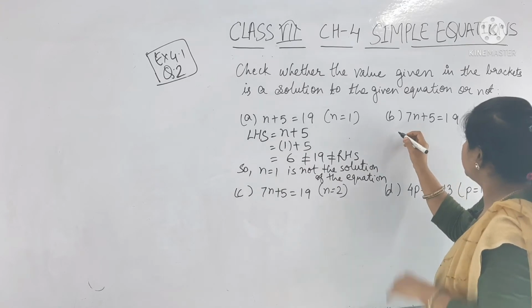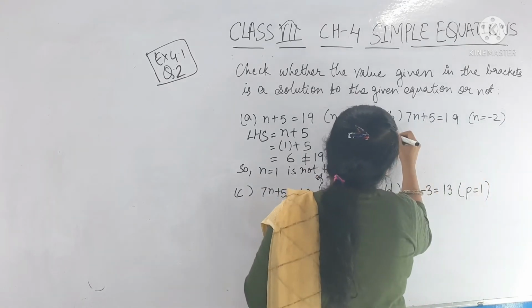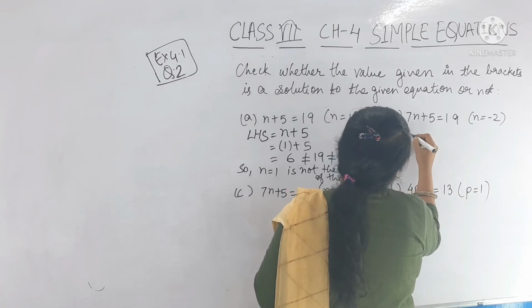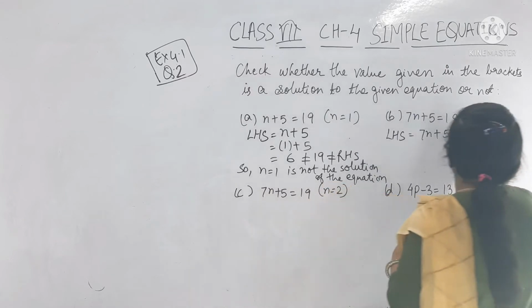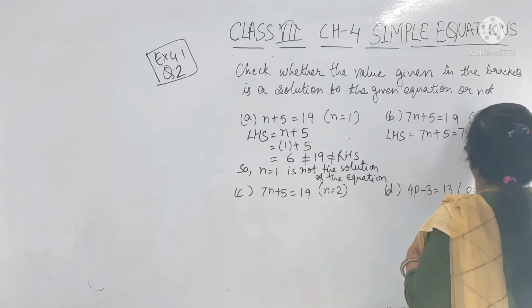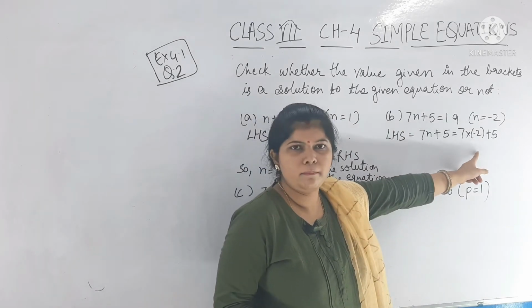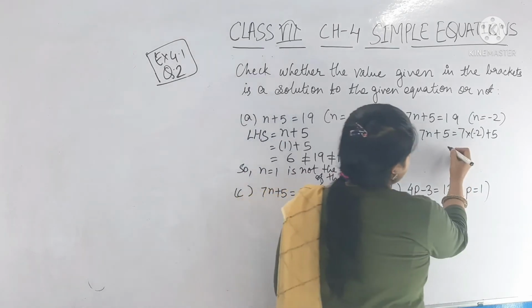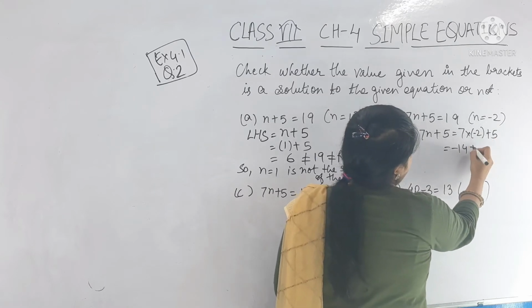Okay. Here part B, we have to check for n equal to minus 2. LHS will be 7n plus 5, that is 7 into minus 2 plus 5, right? In the place of n I write minus 2 here. So 7 2s are 14, minus 14, the minus sign is here, plus 5.